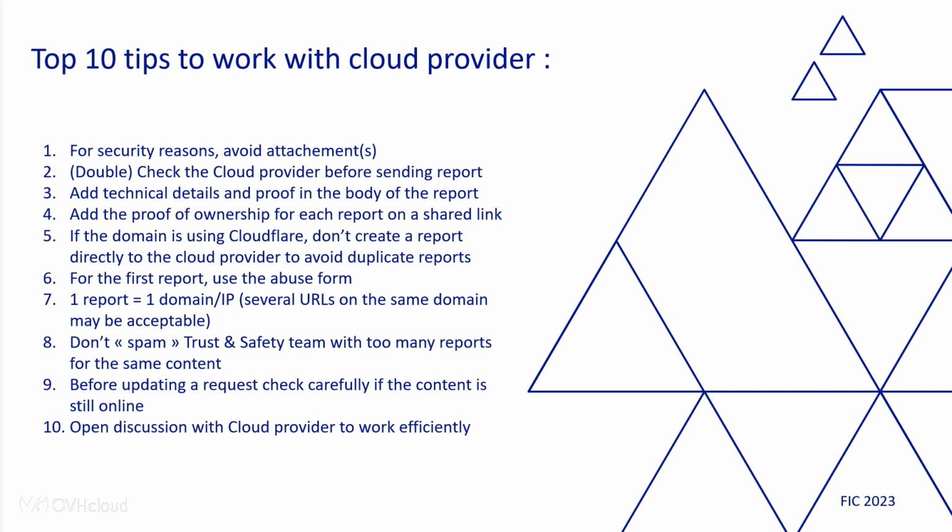Check if it's the right cloud provider, because we sometimes receive a request, but the content is not on the OVH network, it's on other networks. Add technical details like logs and proof of ownership, to permit the trust and safety team to check the relevant information, confirm the report and take action.